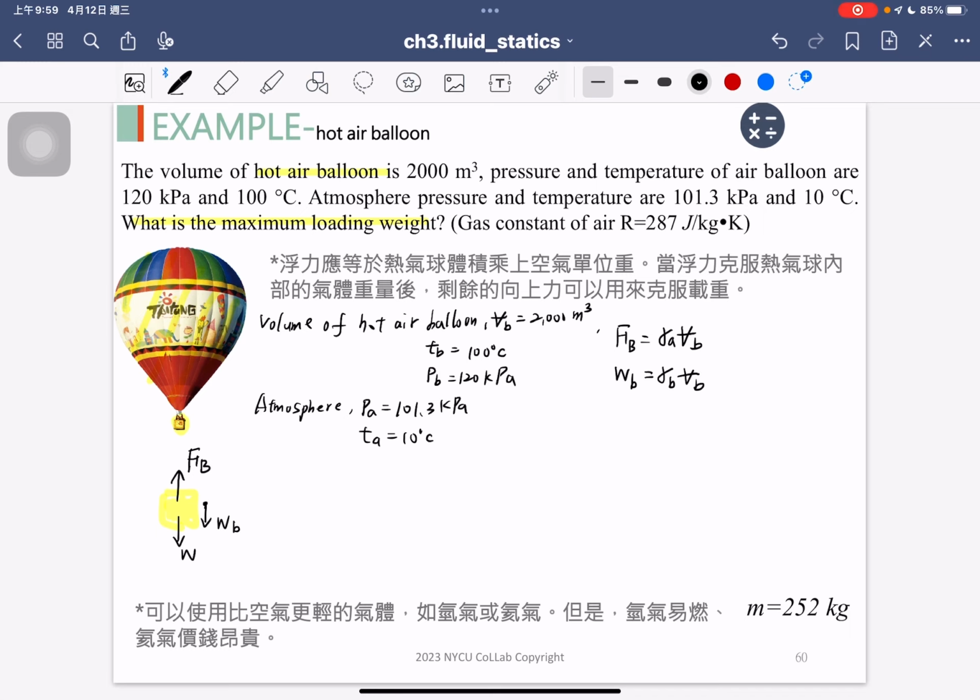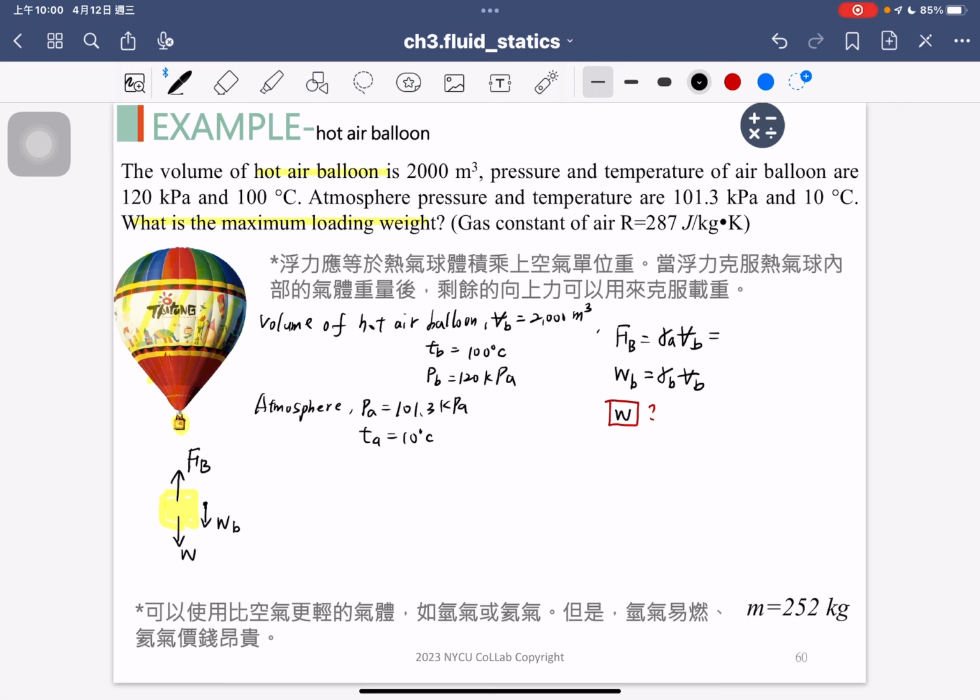And then the question: we need to answer W because we don't know W. The W is the people weight. How many people can be supported by the balloon and uplifted to the sky? We don't know how large W is. And because the question gives no gamma values, we don't know how large gamma A and gamma B are.